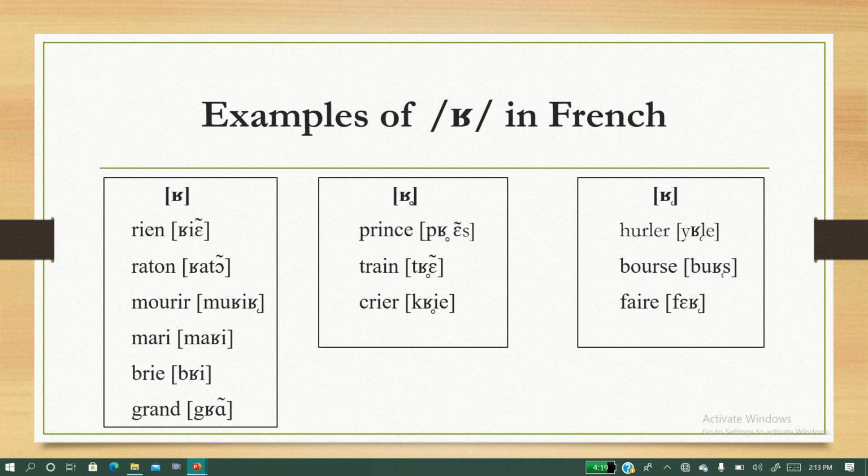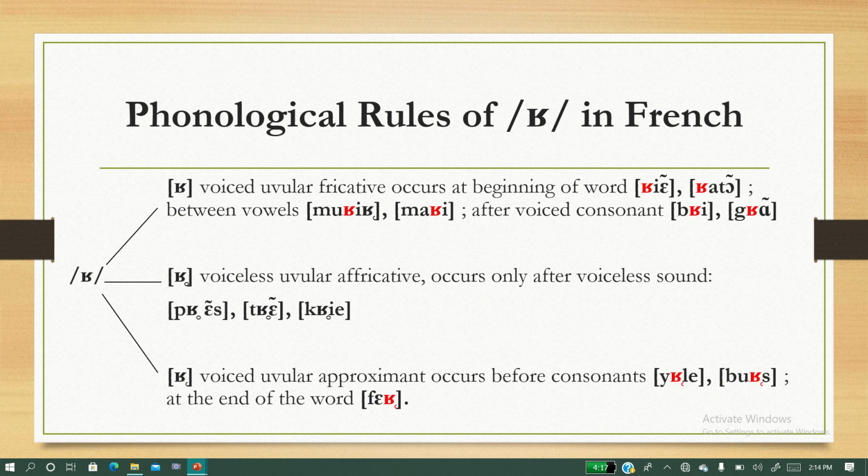I also have an example from another language. That is the example of the uvular in the French language. And here is the data of the uvular in French. Based on the data, we can make the phonological rules of the uvular in French. There are three allophones of the uvular in French. The first one is the voiced uvular fricative, which occurs at the beginning of words, between vowels, and after a voiced consonant.